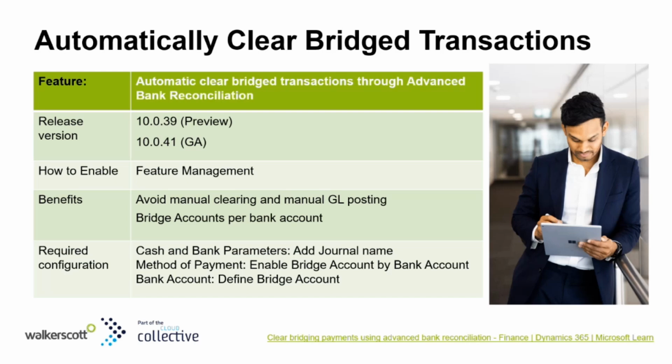Typically, they first post to a clearing account or bridge account, and once the transaction is cleared in the bank, they post the remaining transaction to clear it out of the bridge account and post it to their bank account. This was a two-step process previously, and by enabling this feature, the second part, which is the GL posting, is now automated. I'll do a quick demo to show this.